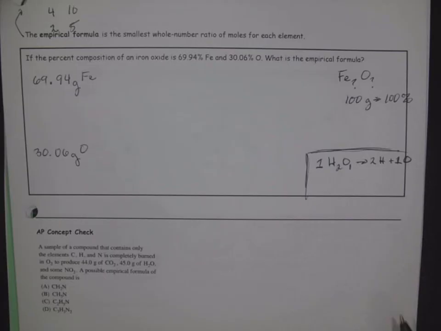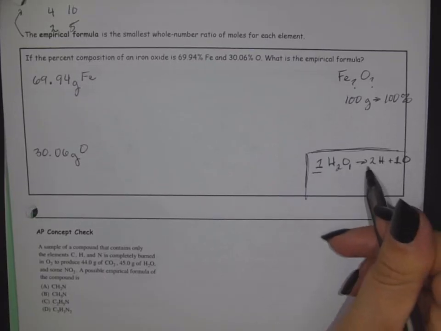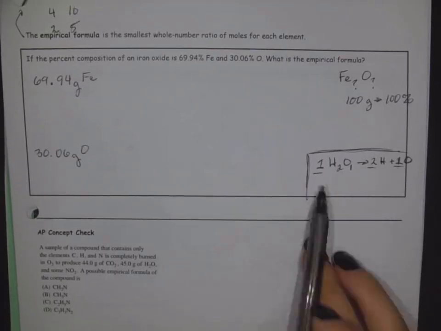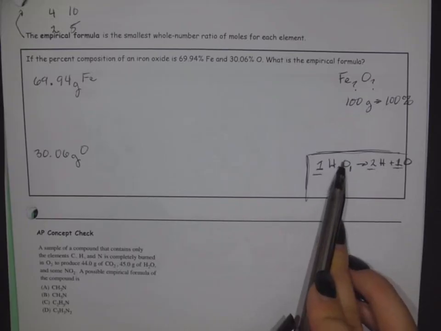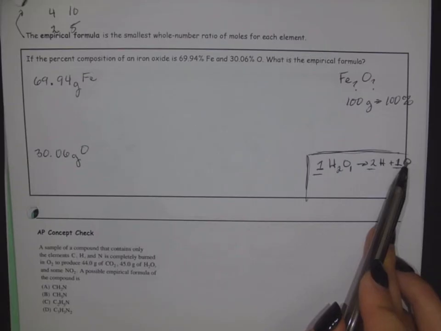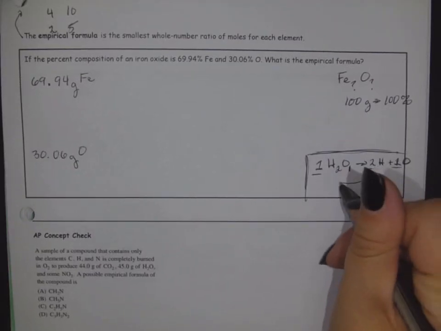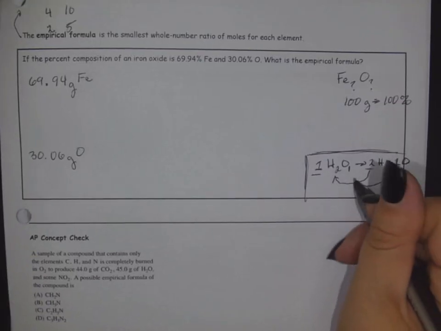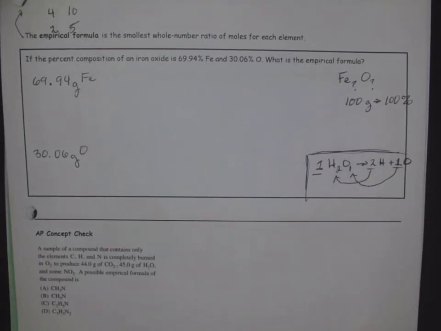But we've been playing with this idea that coefficients can also represent moles. So for every 1 mole of H2O, we could break it apart into 2 moles of hydrogen and 1 mole of oxygen. What's cool is now these subscripts can also represent moles.